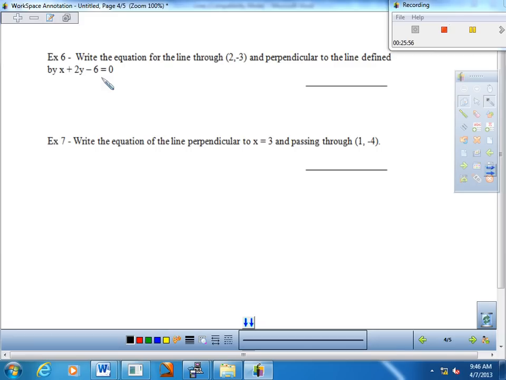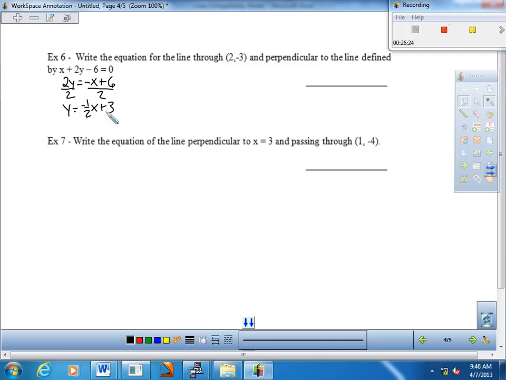So in order to write an equation for our line, I think we need to find the slope of this line right here, right? So let's go for it. I'm going to go ahead and bring over the x and the 6, not that the 6 matters a ton. And I'm going to divide by 2. And so I end up getting y equals -1/2 x + 3, something like that. So that's what I see as that particular line.